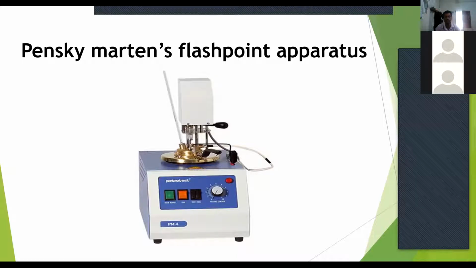The concept here is that we introduce a flame. By introducing that flame, we are going to find out whether the sample is now at flash point temperature. For that, we are going to increase the temperature of the sample up to that level, right?